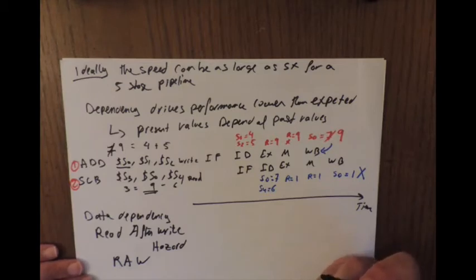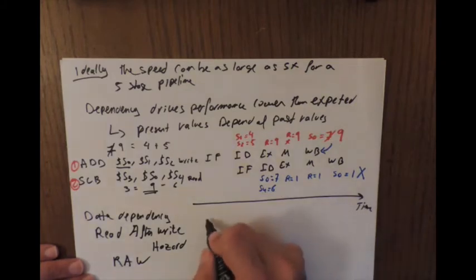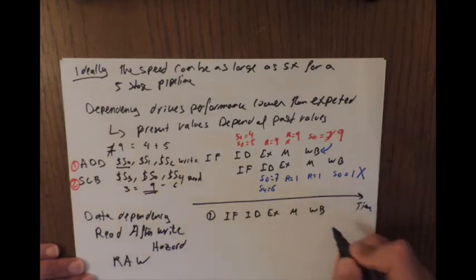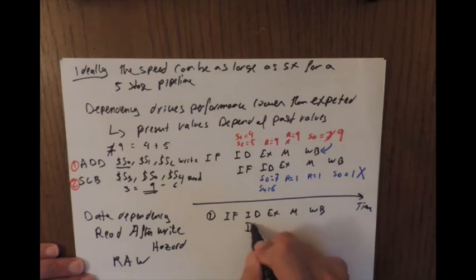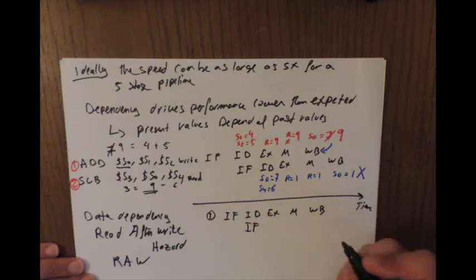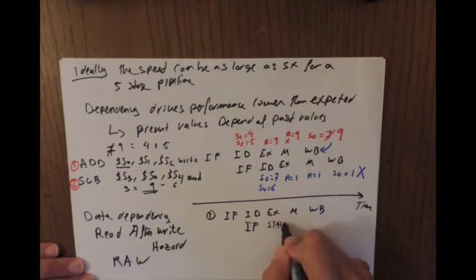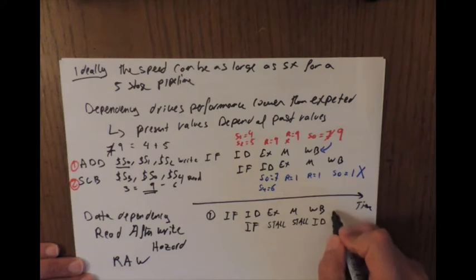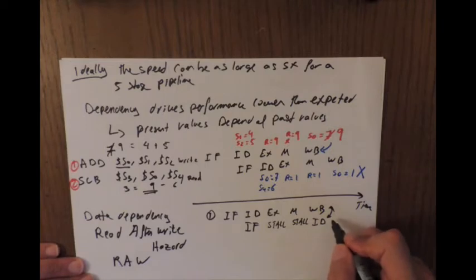The simplest way they try to solve this is by stalling the processor. So the first instruction goes IF, ID, EX, memory, write back. As I fetch, I detect that I have a read after write hazard. So what I do is stall, just inserting no operation, until ID is directly under write back, and I'm going to explain why this works.